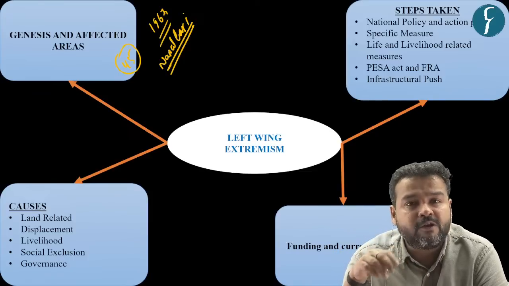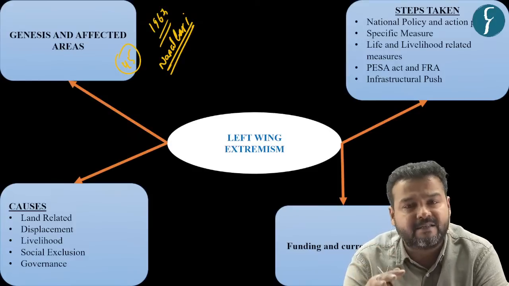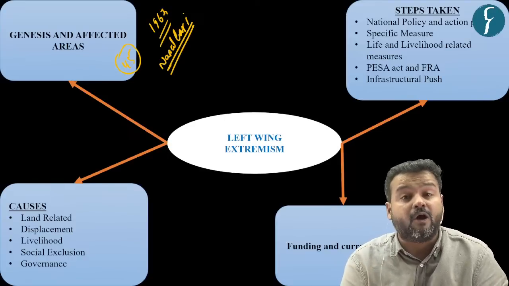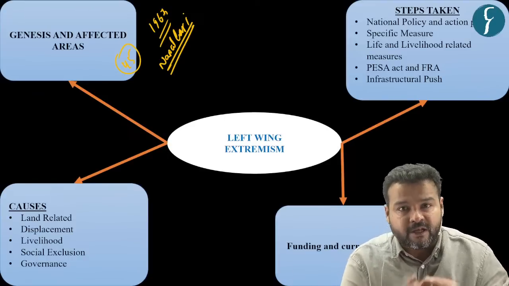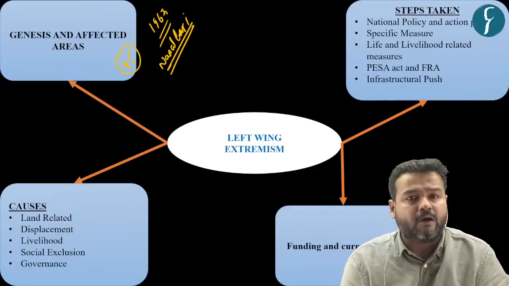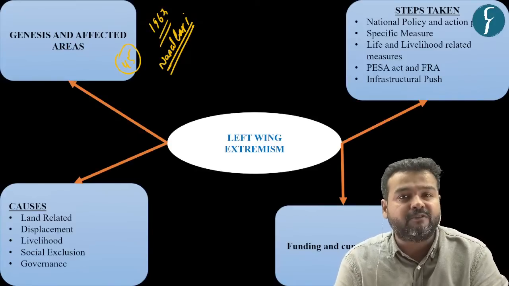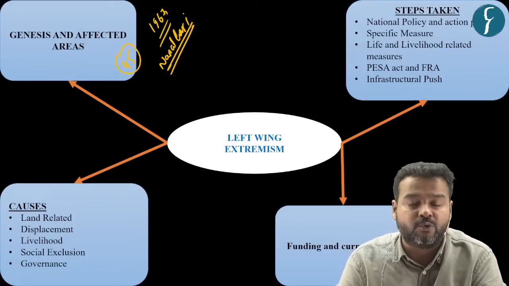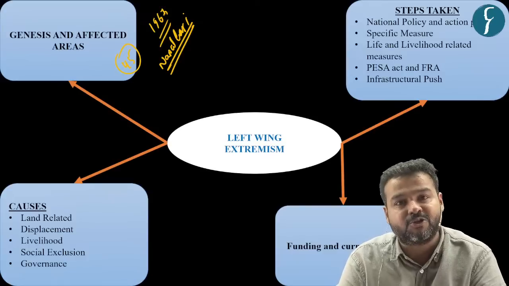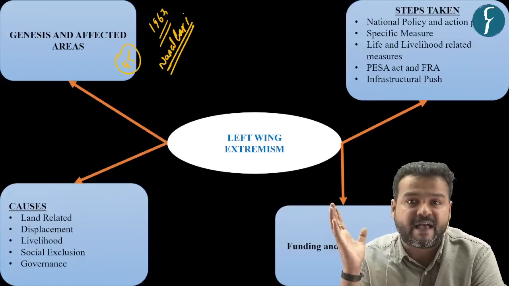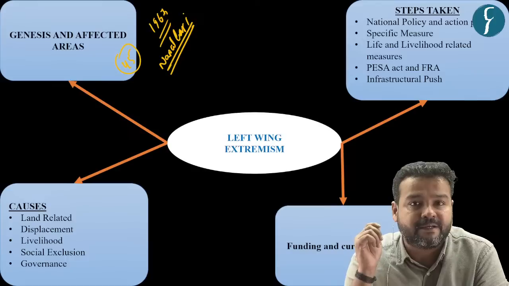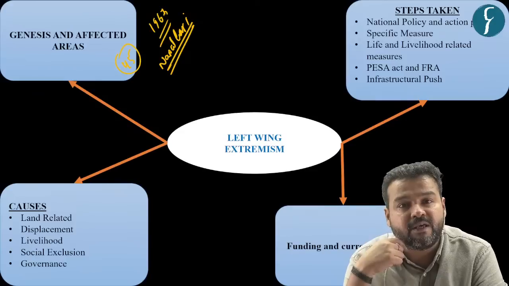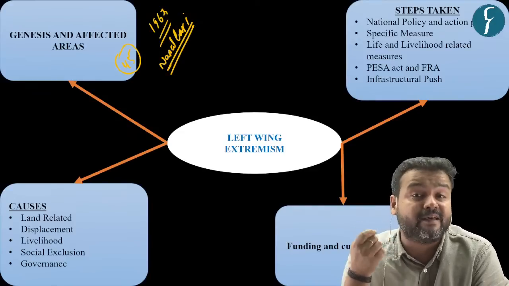Fine. We will not go into details, but briefly understand that the CPI itself got bifurcated on many occasions. There were groups who were supporters of democratic means. They wanted to join the government and follow constitutional practices, while the other faction was completely against it. The other faction always argued that there should be a revolutionary content in their approach.